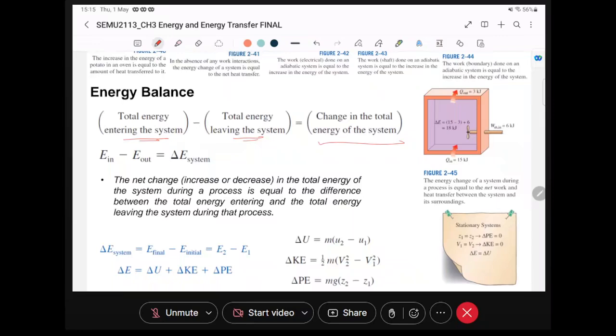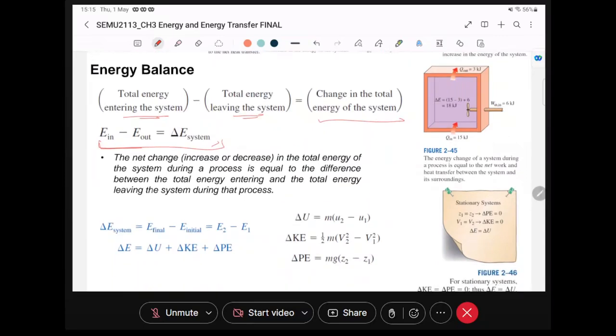Mathematically, this is how we write it: E in minus E out, energy in minus energy out, always equals the change in the energy in the system. But E is the total of micro plus macro energy, if you remember the definition earlier.